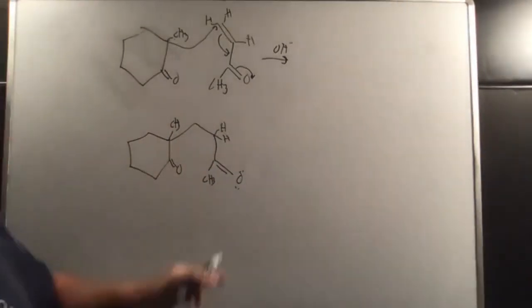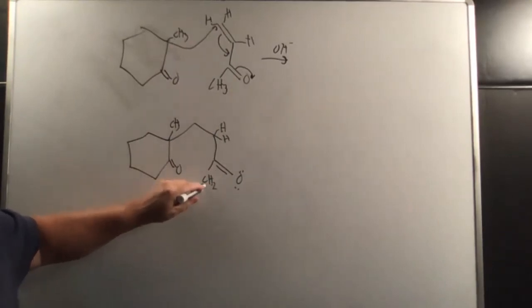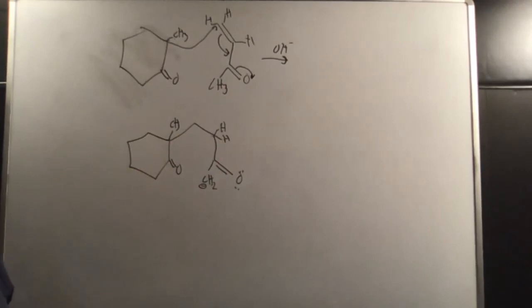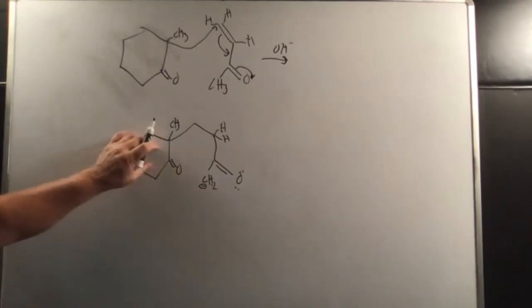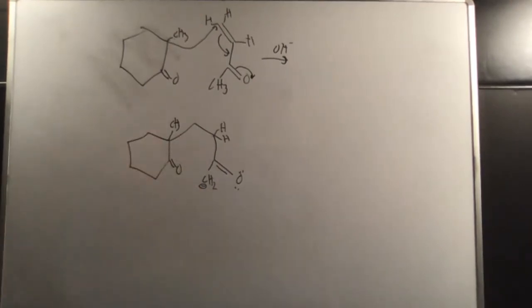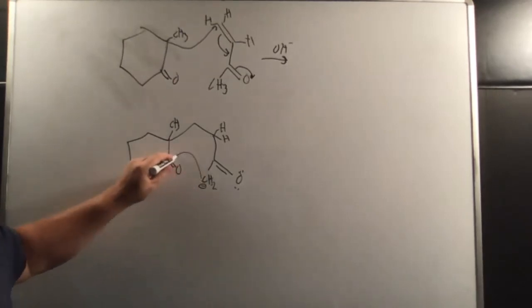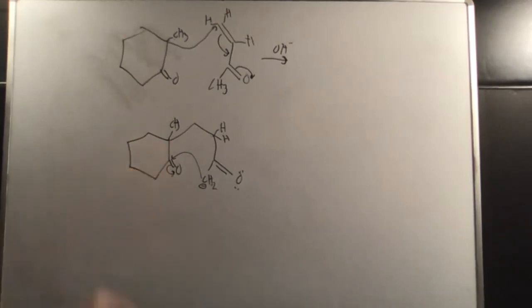But when you deprotonate here, okay, so that's the next step. Deprotonate that bottom carbon. Once you deprotonate that, notice this is a nucleophile. But notice there's no double bond over here. So this has to just do a simple attack there, kicking out this pair of electrons.